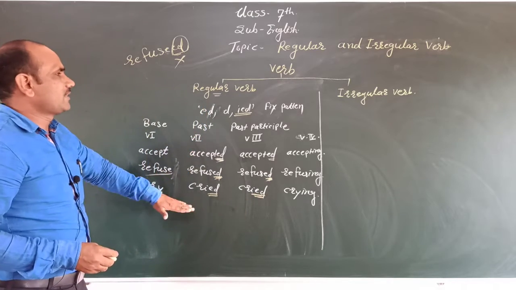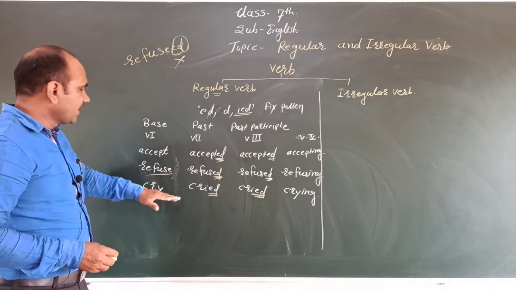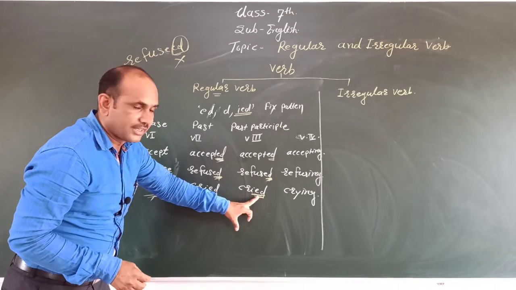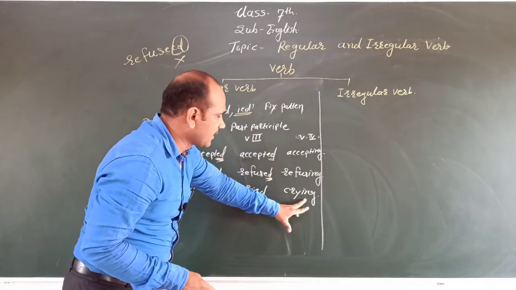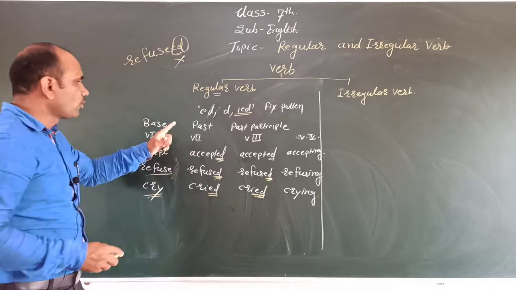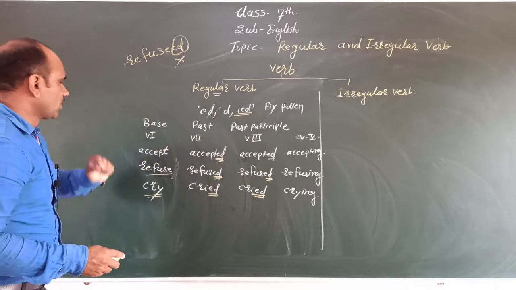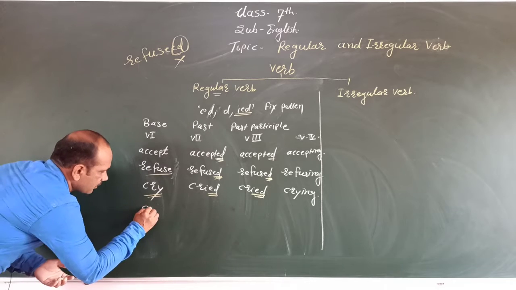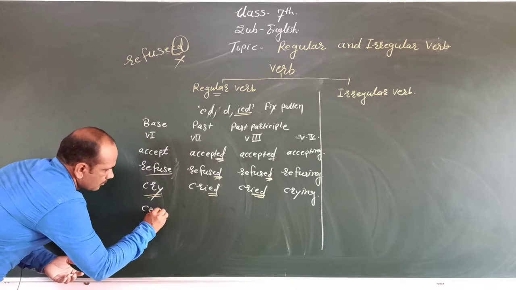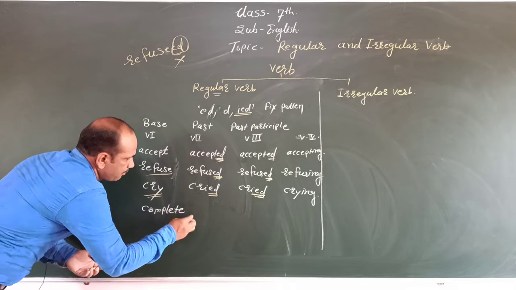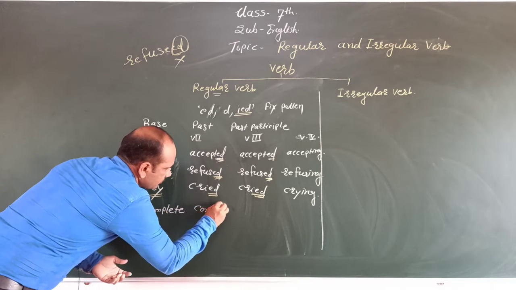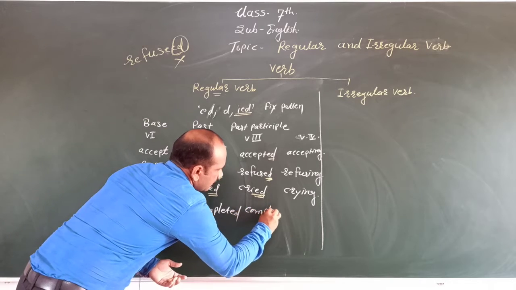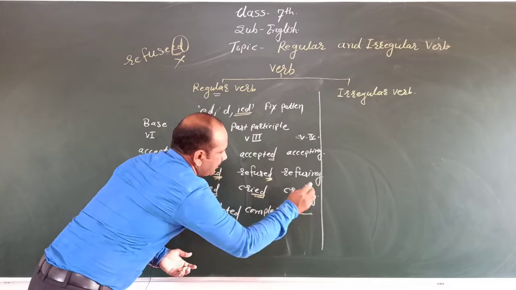That is the fixed pattern of the regular verb. At the end of the verb we write ed, and in the fourth form of the verb we write ing. Therefore we call it a regular verb. Second is complete, completed, and completing.